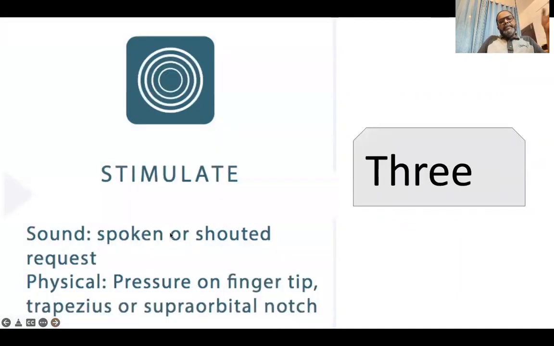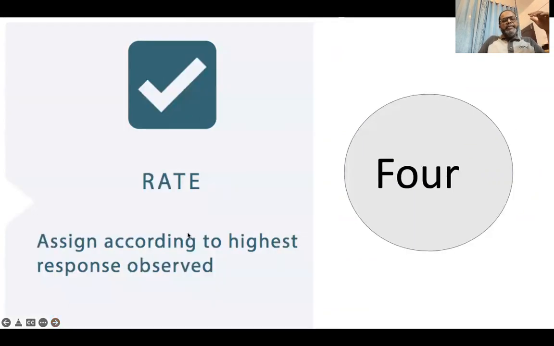The third step is to stimulate the patient, with sound and physical stimuli. Sound means spoken and shouted requests, and physical means pressure on the fingertip, trapezius, or supraorbital notch. The fourth step is to rate whatever result you get from this assessment. This is a simple four-step assessment.